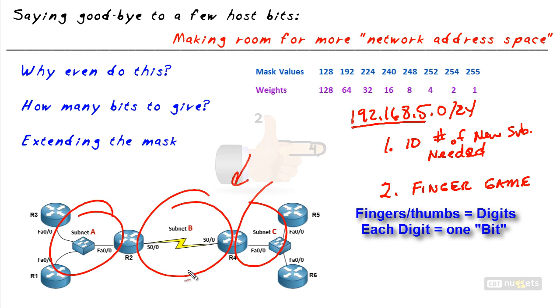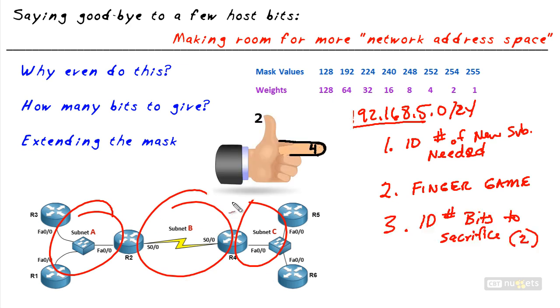We bring up another digit, because that allows us to have up to 4 subnets, which meets our needs. 1 bit wasn't enough, and 2 bits gives us up to 4 subnets, which meets our need.